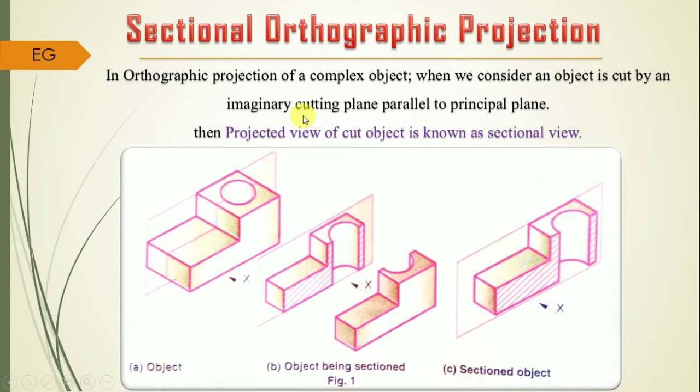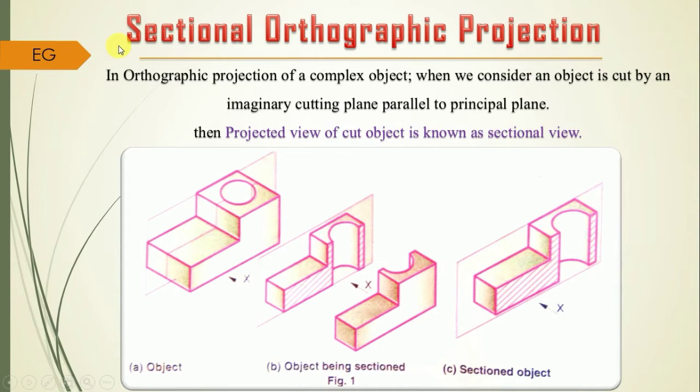Whatever remains after cutting, from that remainder we take the projection for the respective view, and that projected view of a cut object is known as a sectional view.